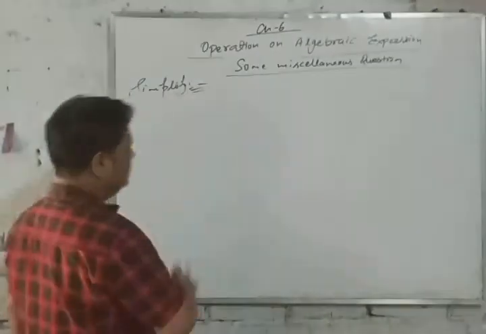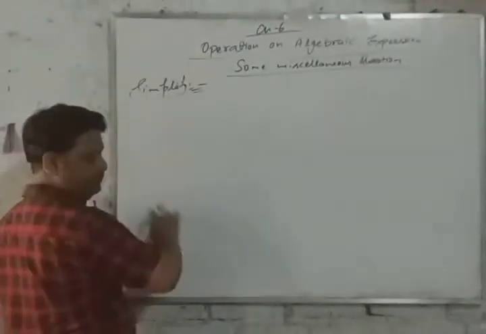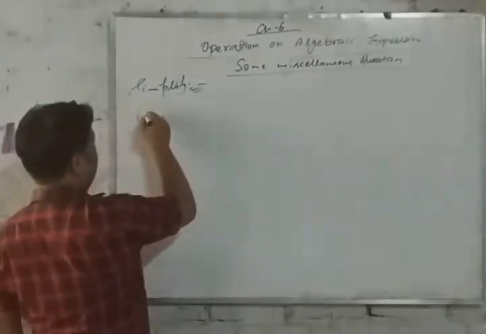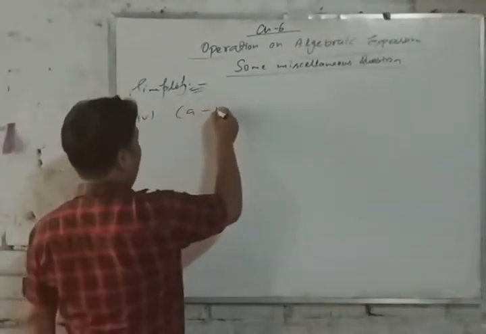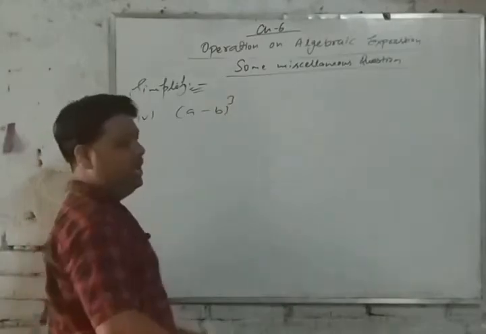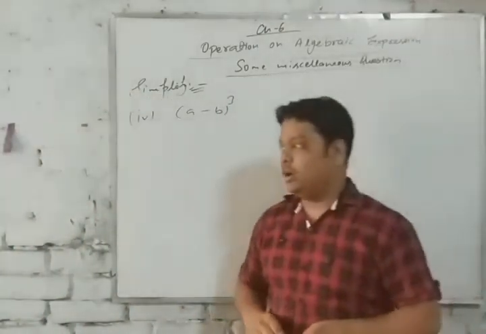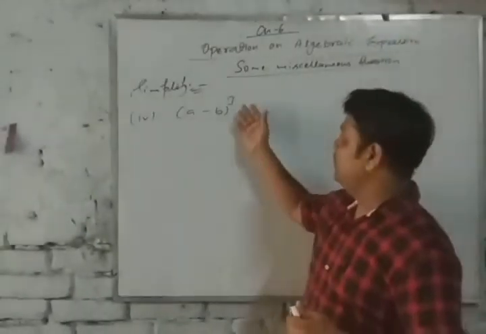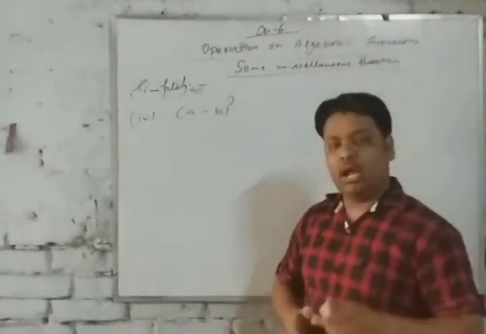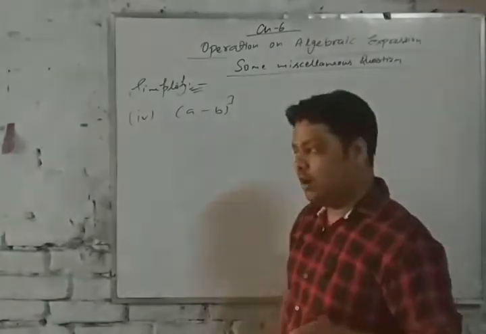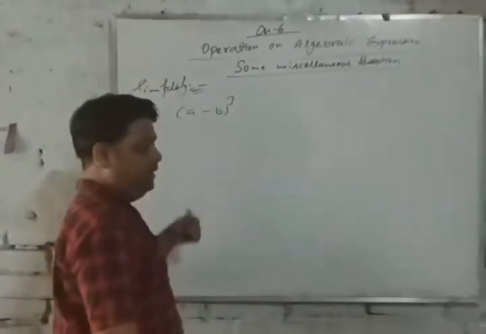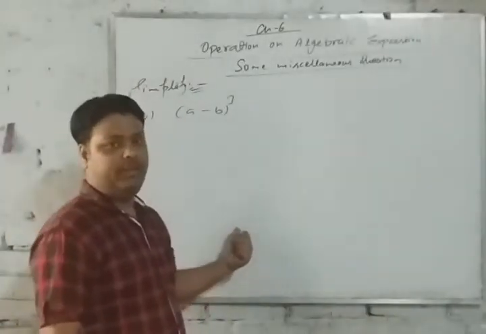That is, if the question is (a minus b) to the power 3, a minus b whole cube. How can we solve it? Because we have not learned right now that if the power is 3, then how can we solve it? Let's see how we can solve it, and we will get another identity by solving it.